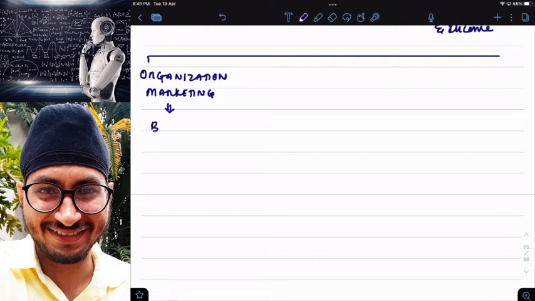It is adopted by both profit and non-profit organizations. Clear? Like let us say Tata promoting the Tata brand, Reliance promoting Reliance Industries Limited. That is called what, sir? Organization marketing.